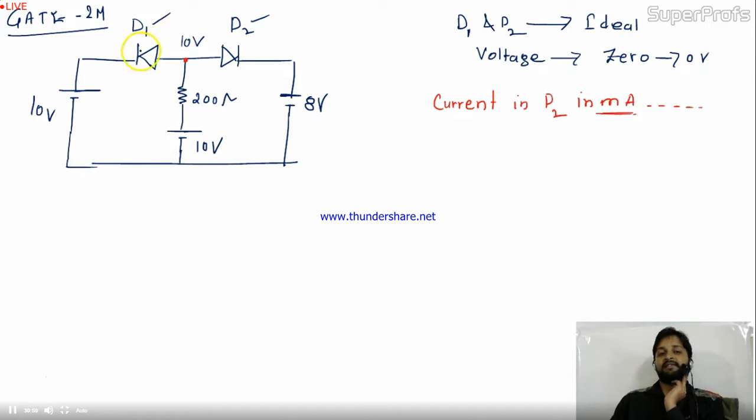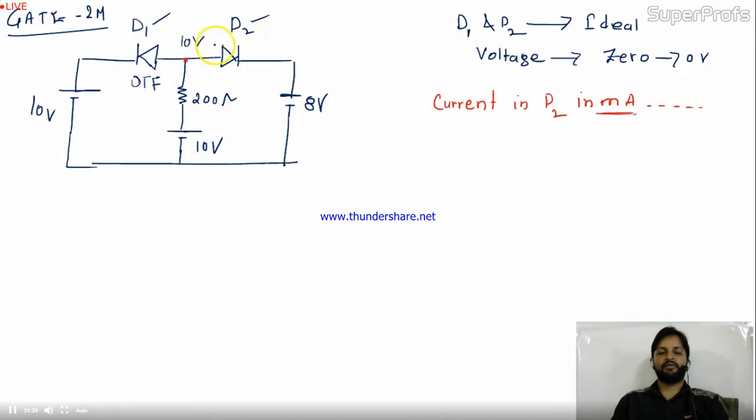If by chance D1 is on and your voltage at this node is 10 volt, what does it mean? It means that your D2 will also be on. So this is a fault condition, because at a particular node we can't have two voltages. So D1 can't be on; it will be off. Let's check then D2 is on.